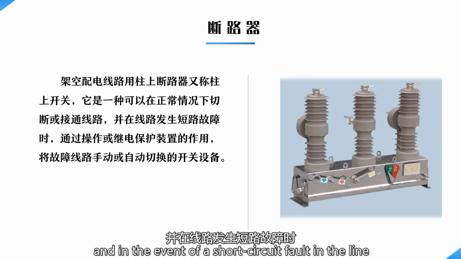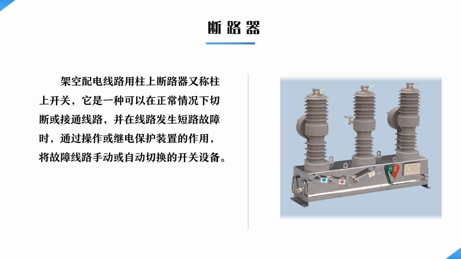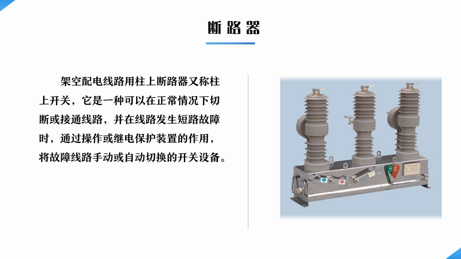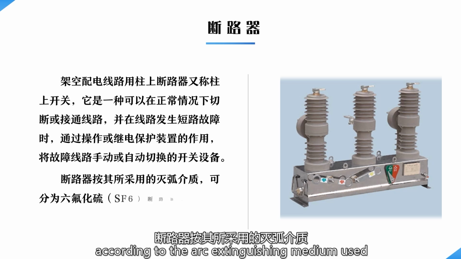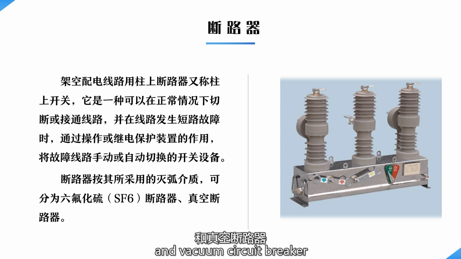In the event of a short circuit fault in the line, through the operation of the relay protection device, the fault line is switched off manually or by automatic switching equipment. The circuit breaker, according to the arc extinguishing medium used, can be divided into sulfur hexafluoride SF6 circuit breaker and vacuum circuit breaker.